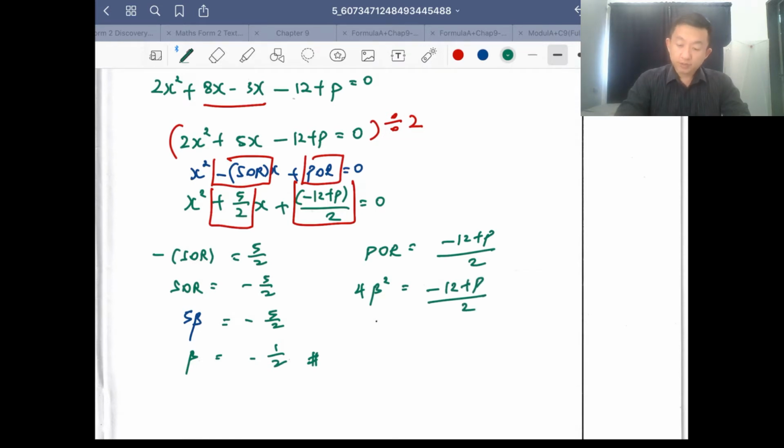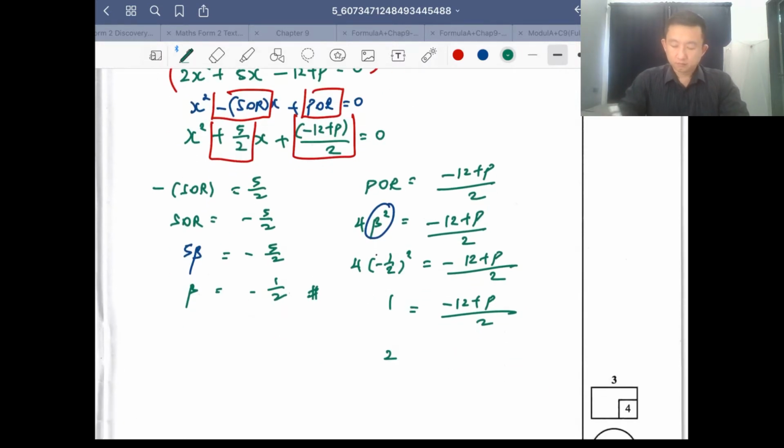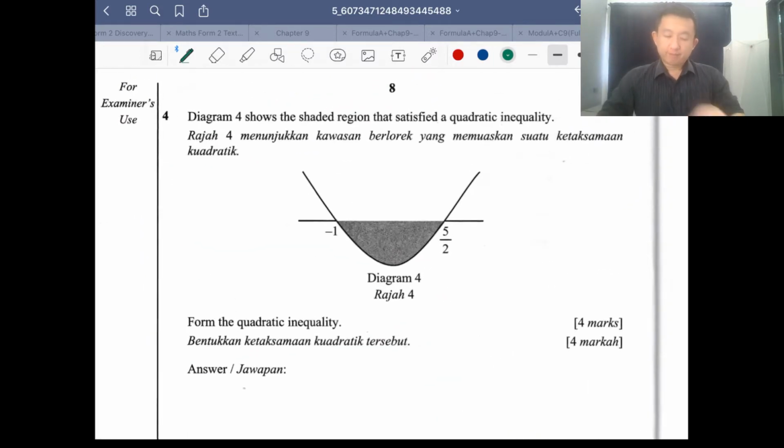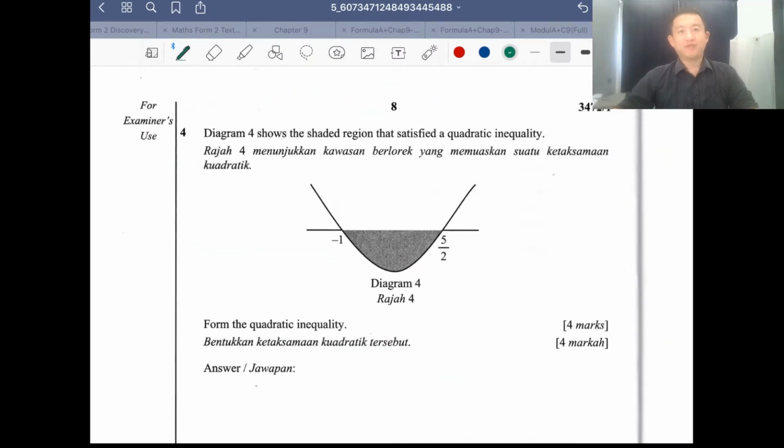Okay, and since we know beta, we can put in 1 over 4, 1. Right? Done.